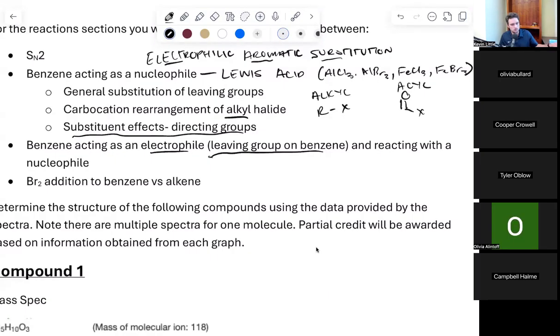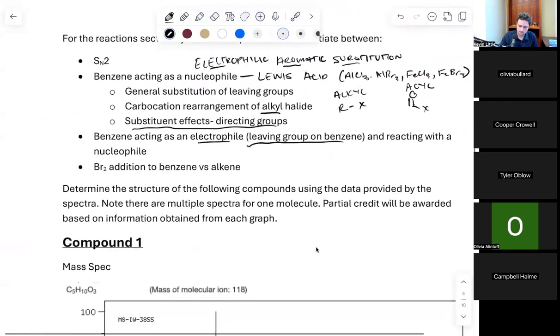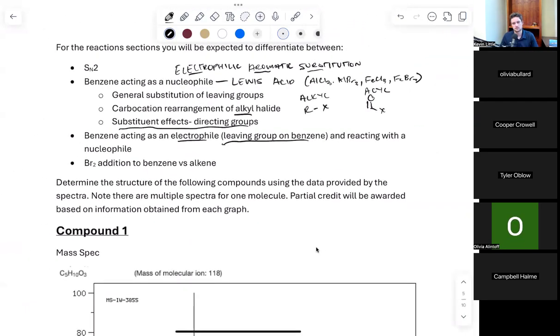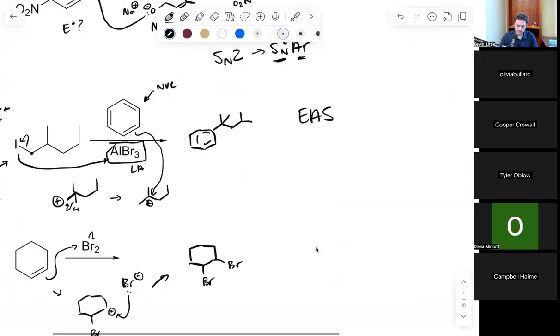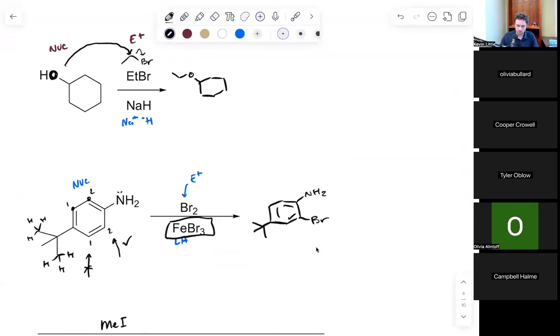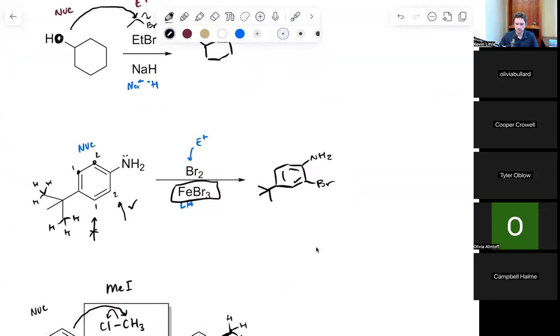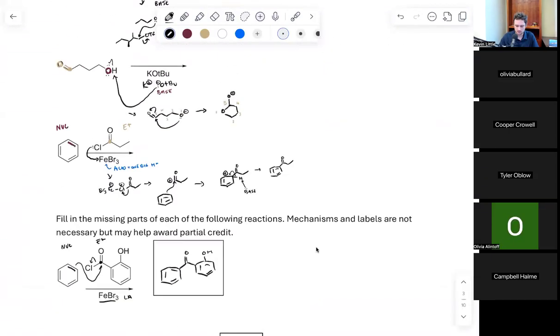And then I'll probably throw in a Br2 addition to benzene versus alkenes, just to keep you on your toes. Just so you know that a Br2 addition here does add 2 bromines, but a Br2 addition here only adds 1, because of the nature of the benzene, because of that last step of the mechanism.